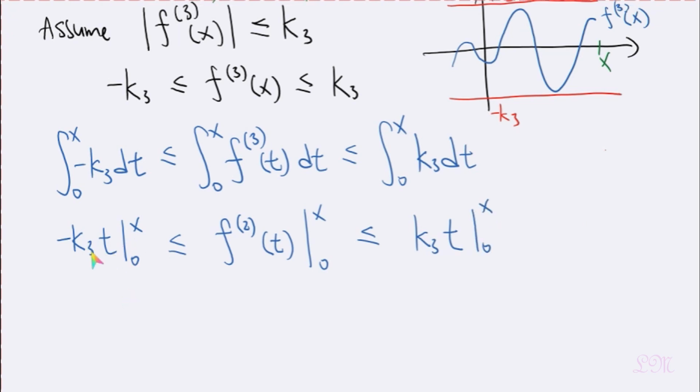Now we just need to simplify by plugging in our x's and zeros. So we have negative k sub 3 times x minus negative k sub 3 times 0, which is just negative k sub 3 times x. Now we have the second derivative of f of x minus the second derivative of f evaluated at 0.